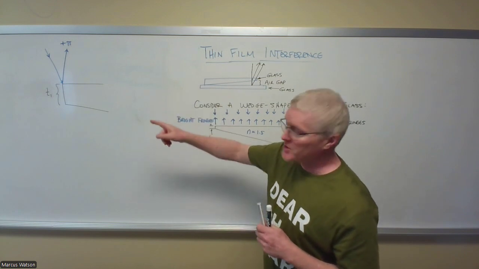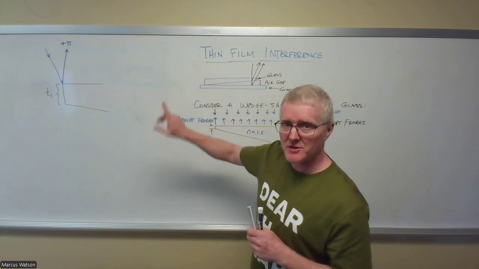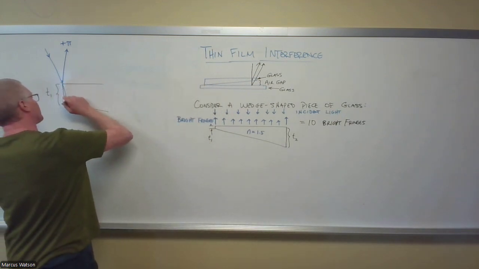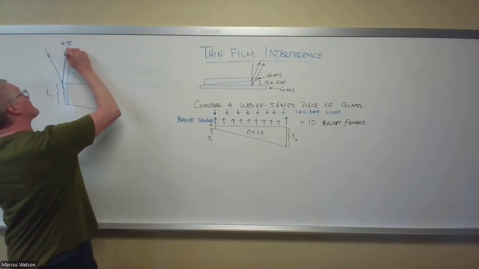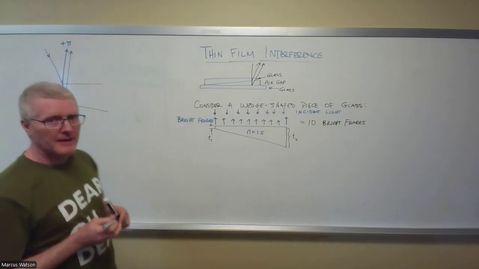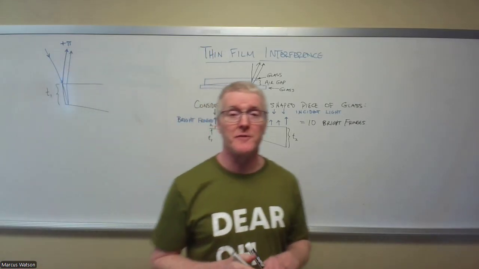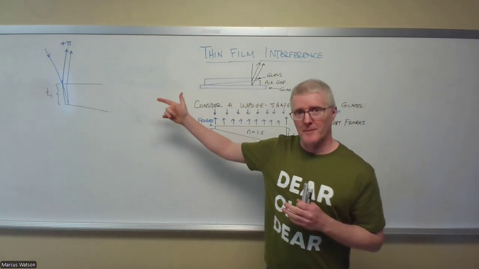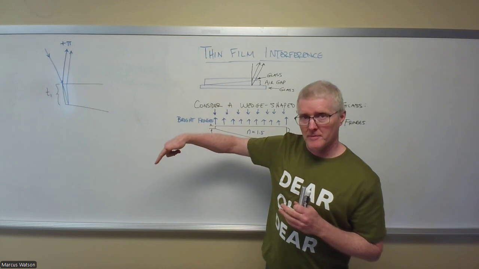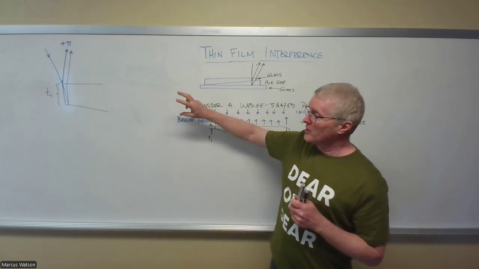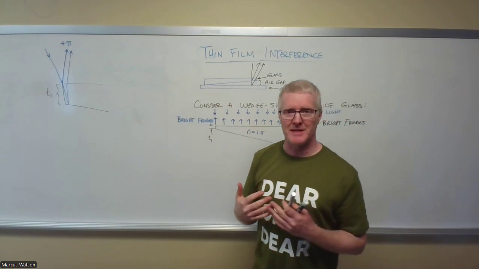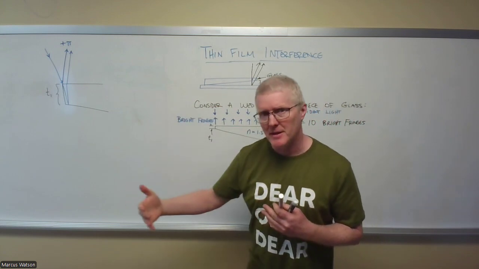I look at the next ray, the one that's transmitted in, hits the second surface, and then bounces off. When it hit the second surface, what was it going to do? Notice it was going from glass into air, and therefore the light is going to be speeding up.